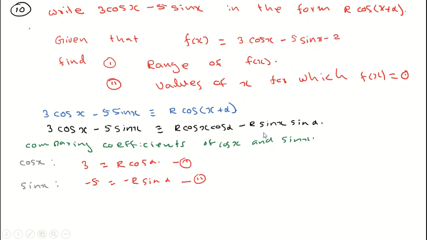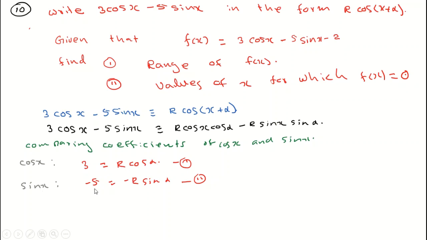Right, another form, this is example number 10. Write 3 cos x minus 5 sin x in the form r cos x plus alpha. It's a pretty easy part. Given that fx is equal to this, the same thing, minus 2, find the range of fx and the values of x for which fx is equal to 0. Before finding the first part we will do the usual process, and then you get 3 equals r cos alpha.